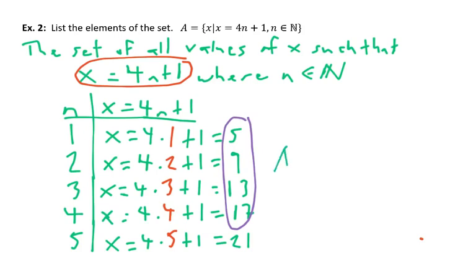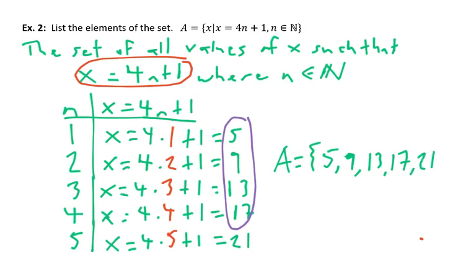So the set A looks like this: 5, 9, 13, 17. And as you go, you may begin to realize what the pattern is. You're starting with the number 5 and basically counting by 4s. 5 plus 4 is 9, plus 4 is 13, plus 4 is 17, plus 4 is 21.